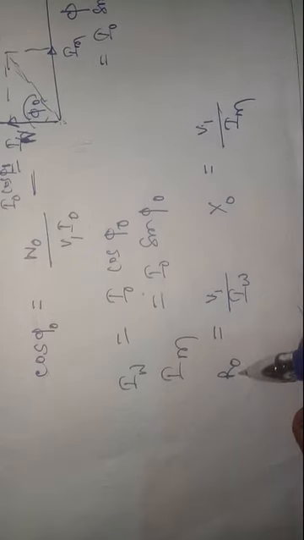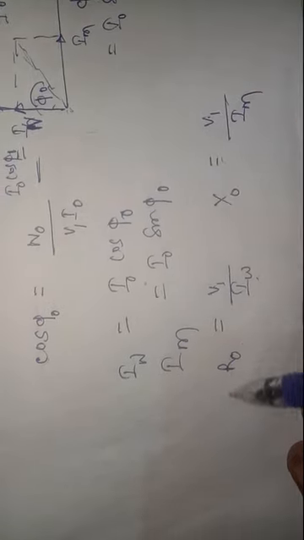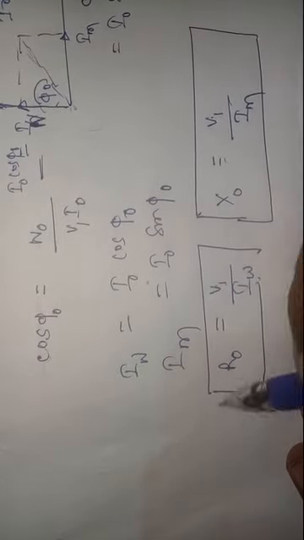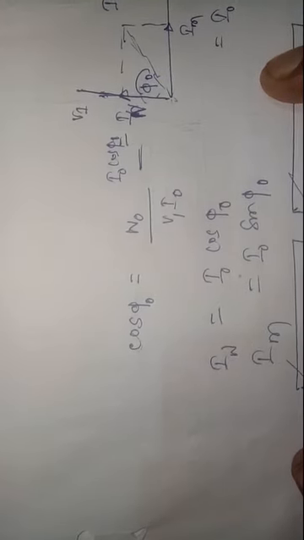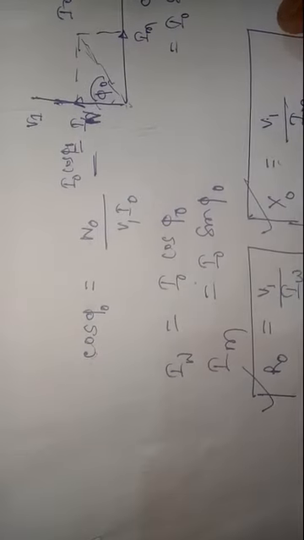So the value of R0 is equal to V1 by IW, and X0 is equal to V1 by Im. These are the parameters derived from this test, R0, X0, and the no load power, which is equal to V1 I0 cos phi 0. Okay, that is read by the wattmeter.